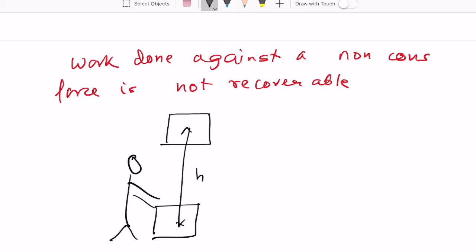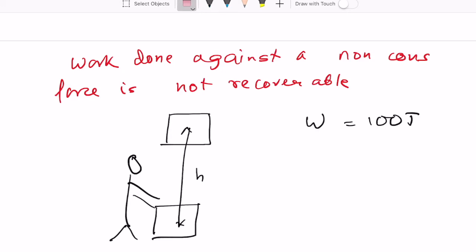In this case, the force that you're overcoming, the force against which the work is being done by you, is gravitational force, right? And for simplicity, let's assume that again you have done 100 joules of work. So the work done is 100 joules, but this time it went into overcoming gravity, which is a conservative force, rather than this friction force, which is non-conservative.